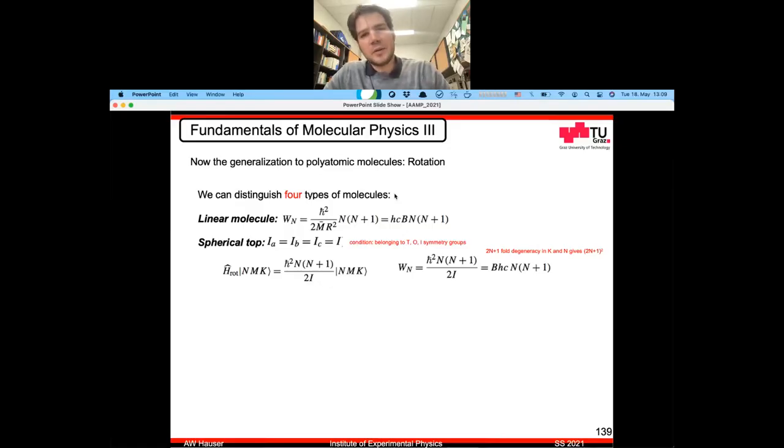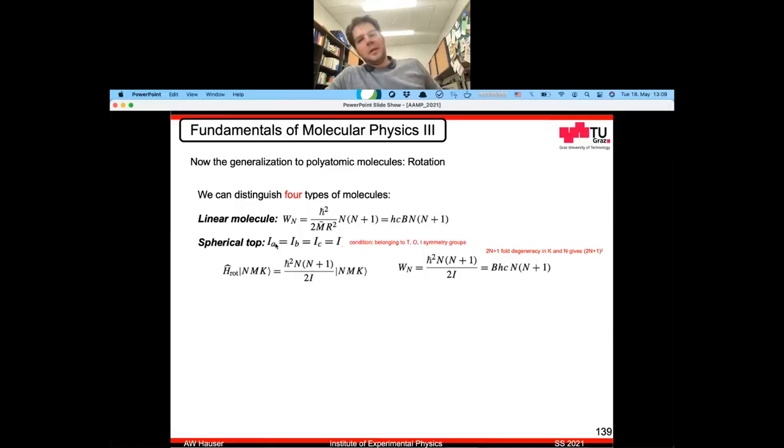Those symmetry groups have a lot of symmetry elements, so they describe molecules that are highly symmetric. They typically have a situation where all three extrema, or eigenvalues, of the moment of inertia tensor are identical.